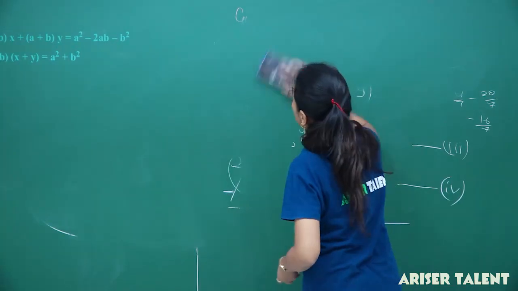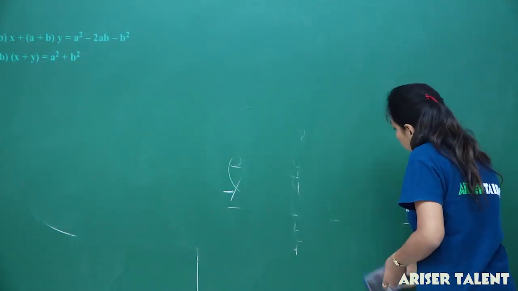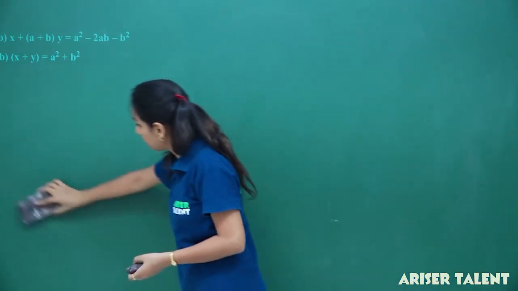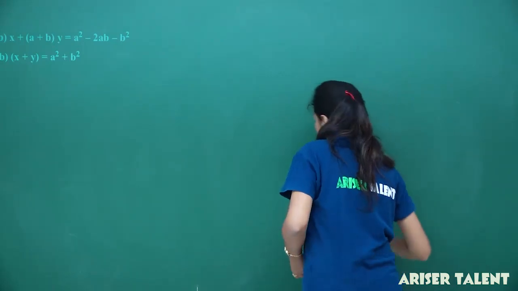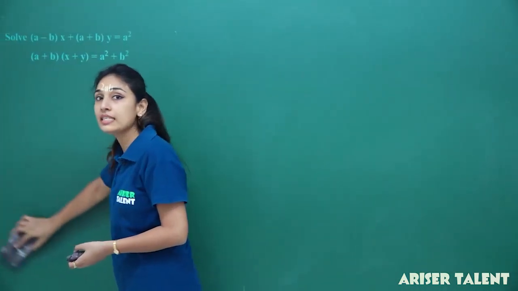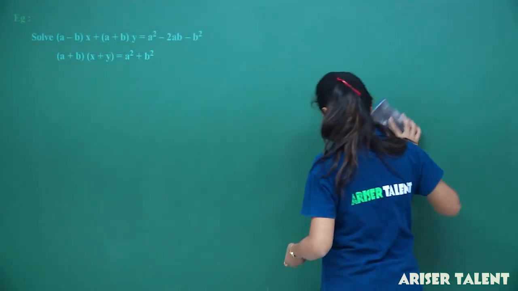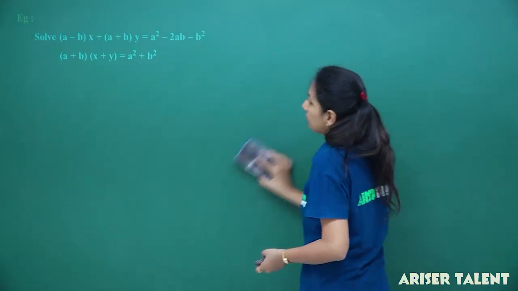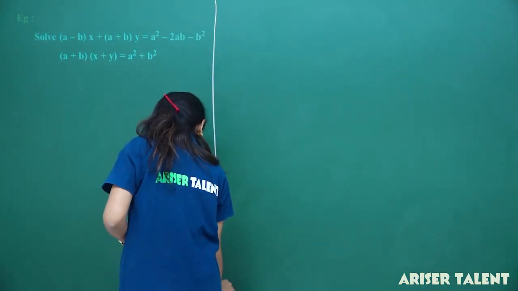Now solve this question. We have done the questions based on numeric values. Now we have included the algebra, right? We have this kind of questions in our syllabus also. Now, what is the question?